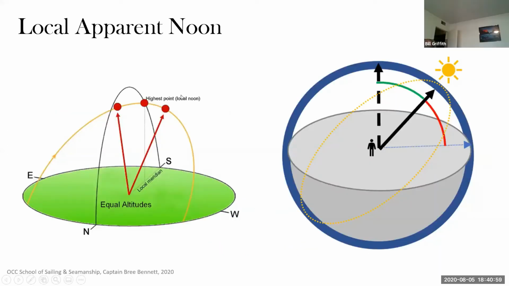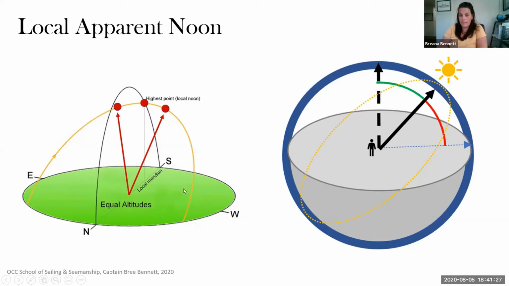Okay, so here we have kind of our celestial horizon. The sun rises in the east, so it rises and gets higher, higher, and higher, and then at its highest point is local apparent noon, and then it starts setting in the west. So as you can see, the bearings, or azimuths of the sun, are going to change pretty rapidly throughout the day.